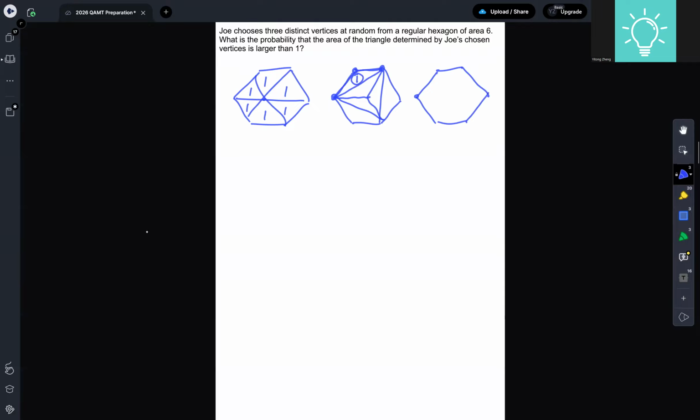What happens if we choose 2 consecutive vertices, but then we don't choose another consecutive vertex? Then we have to choose one of the other vertices, and it's basically the same just by a reflection. So what's the area of this? Well, we can see that this is going to be a right angle.